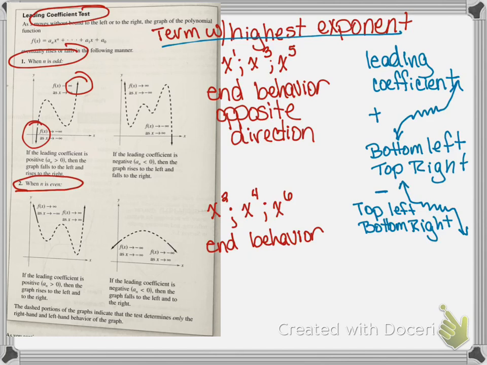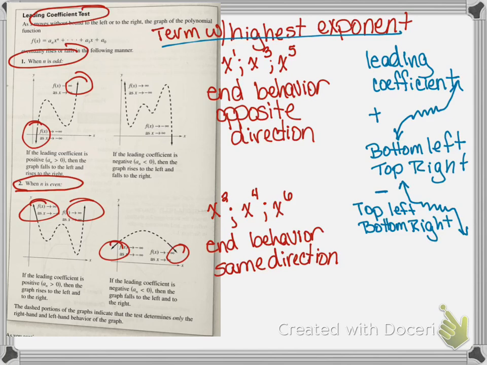Think about our quadratics. So if my highest exponent is even, I'm either going to be going both up or both down.